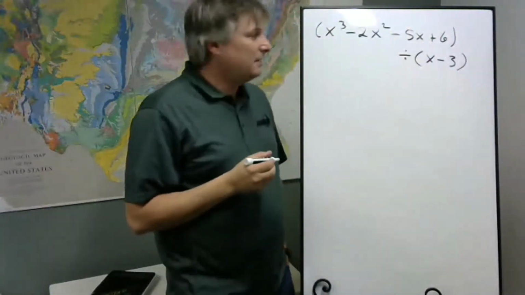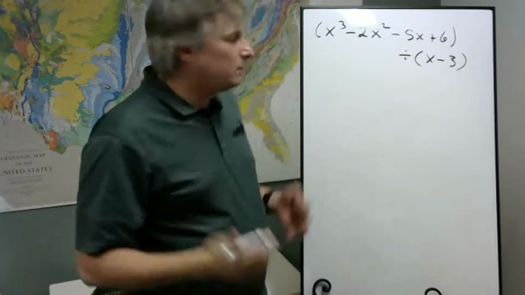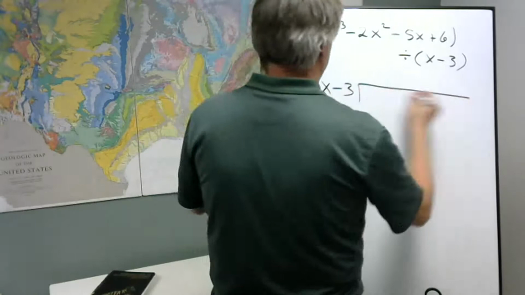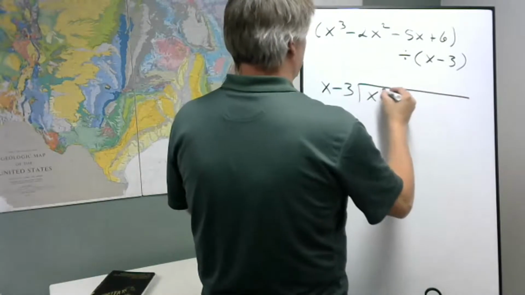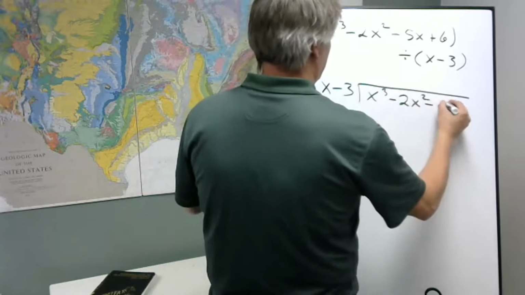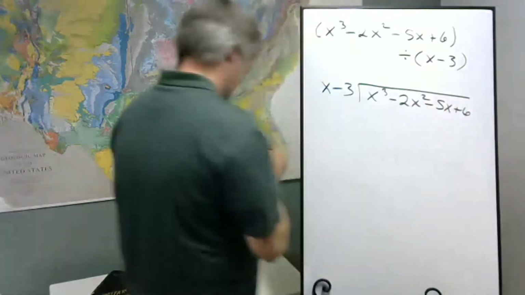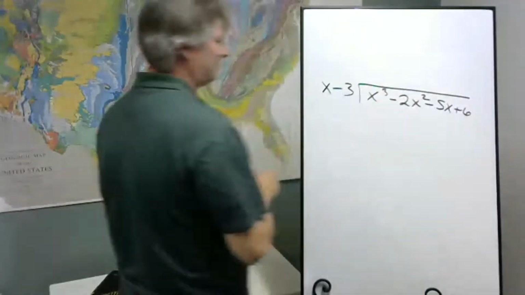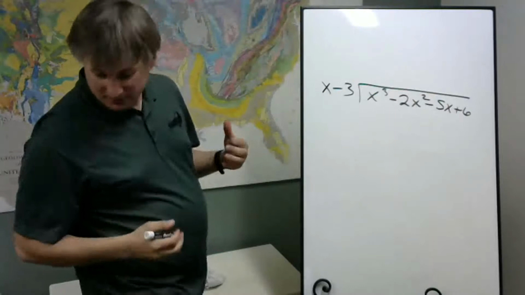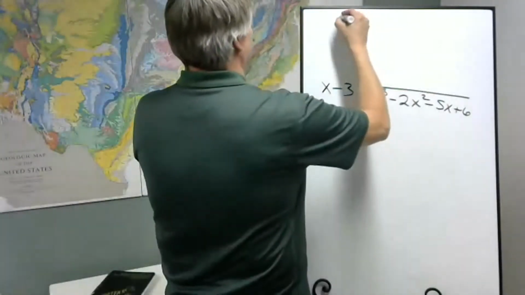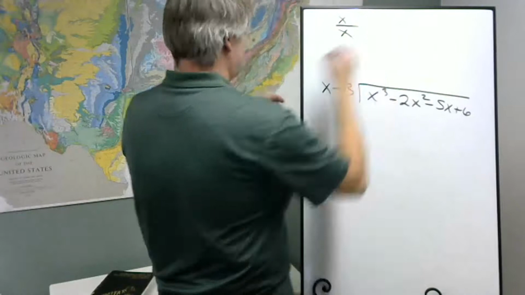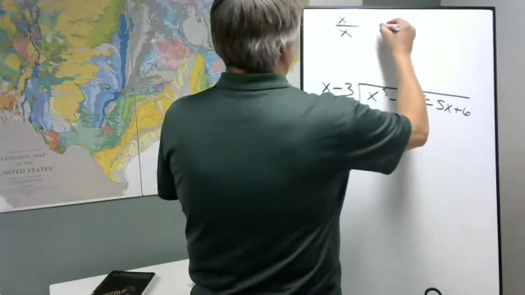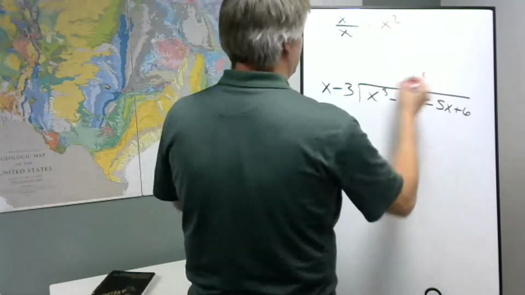So let's say you have something like this. Well, again, what we do is we put it in long division form. And then we do our cycles of division. So again, lead terms. So x squared.